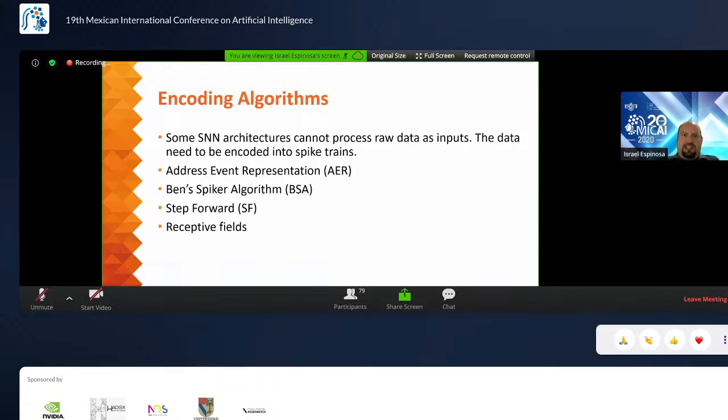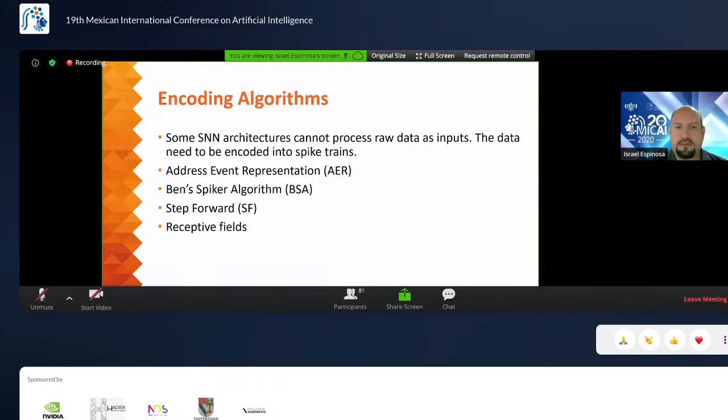I will mention three encoding algorithms that we use in one of the architectures that I will present, the NeuCube. So I will present three encoding algorithms for temporal data. The first one is address event representation, the second is the Ben's Spiker algorithm, and the third one is step forward.